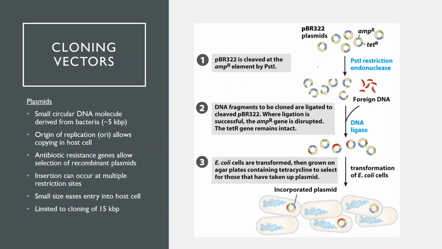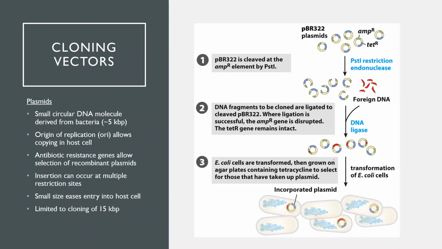So again, these are your plasmids, which have your antibiotic resistance genes and, in this case, the PstI restriction enzyme cut site. So you cut the plasmid with PstI, you've cut your target DNA with the same enzyme, PstI, and then you use this enzyme DNA ligase to seal them, connect them together.